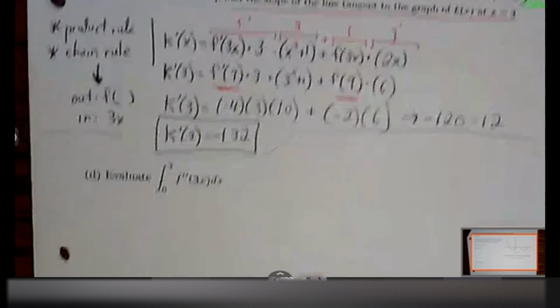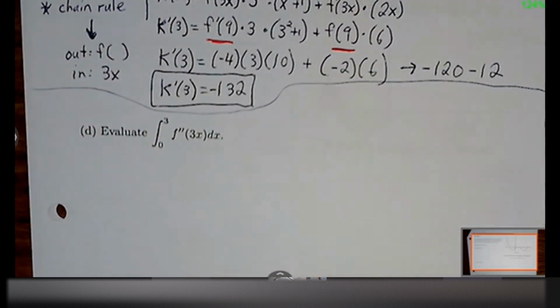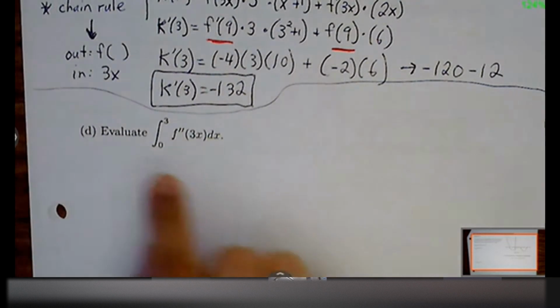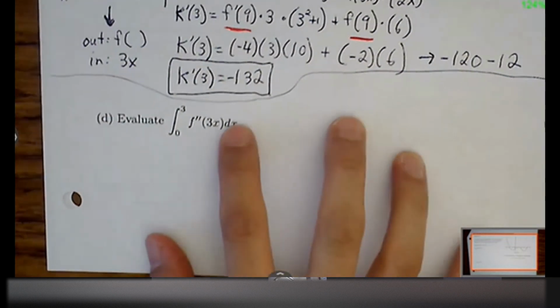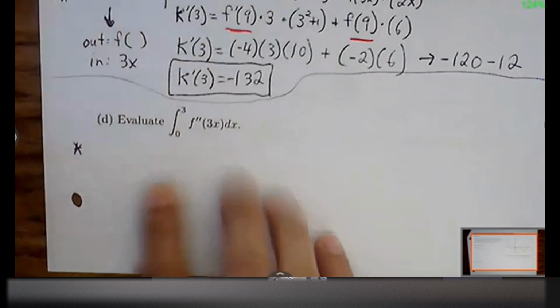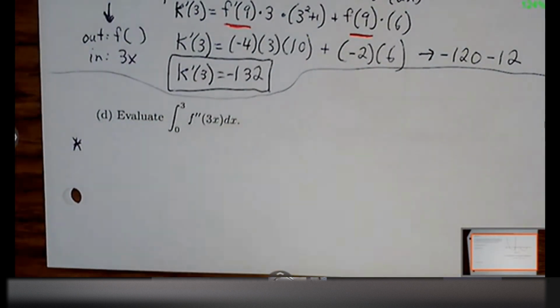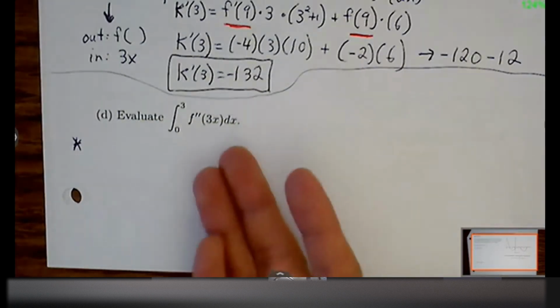All right, let's look at part D. Evaluate the definite integral from 0 to 3 of f double prime of 3x. So two things going on here that I want to point out. The first thing is, you see how there's a function within a function? For derivatives, we call this chain rule. But for integrals, we call it u-substitution.